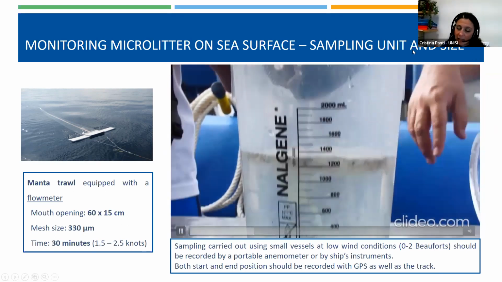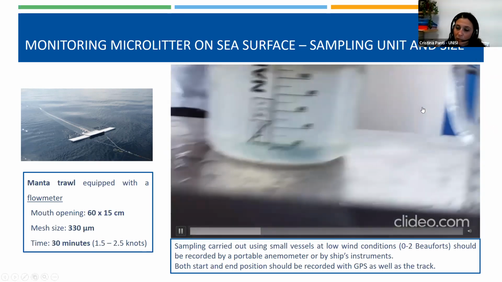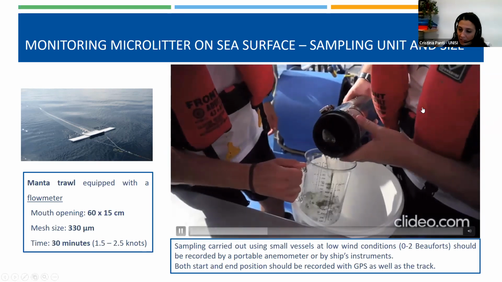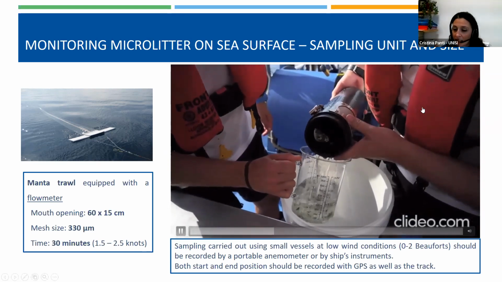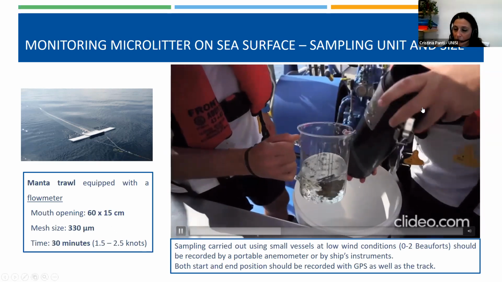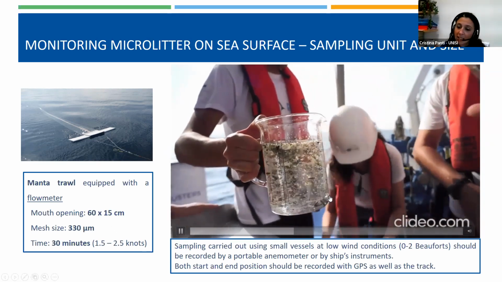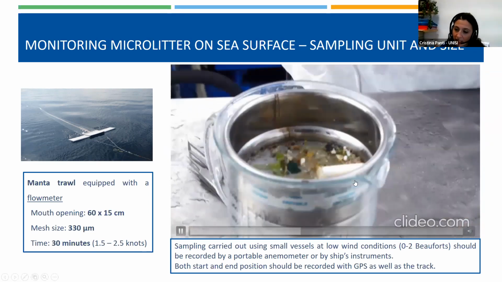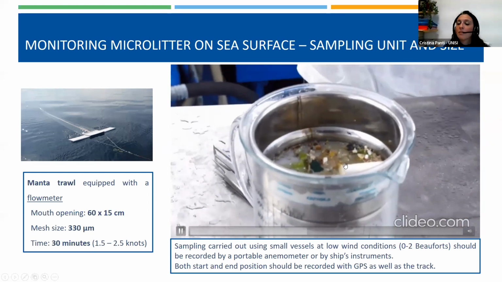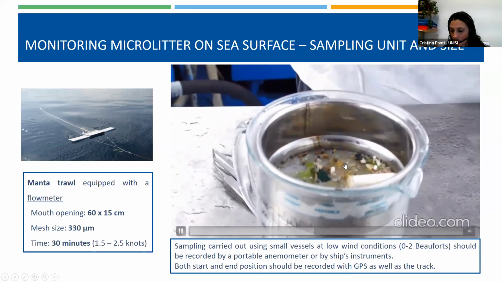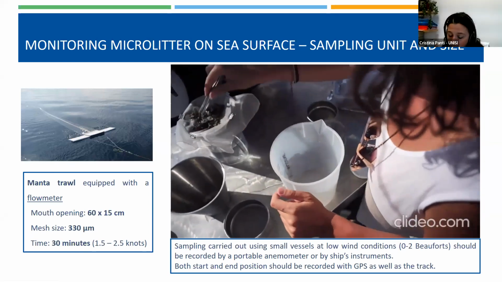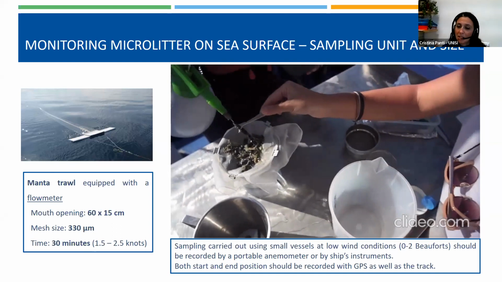Then once the manta is retrieved on board, you have to rinse the net from the outside, then collect all the material that is in the cod end, and then after collecting the material, sieve it on a 5 mm sieve and a 0.3 millimeter sieve.